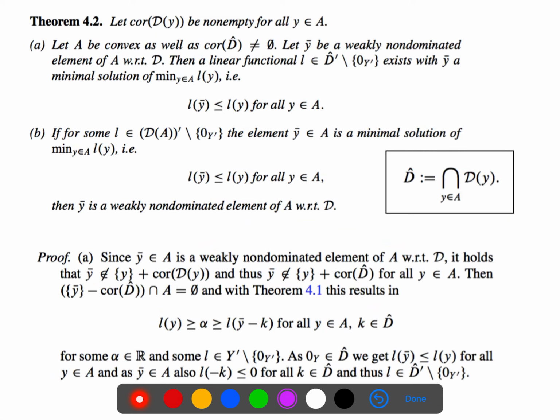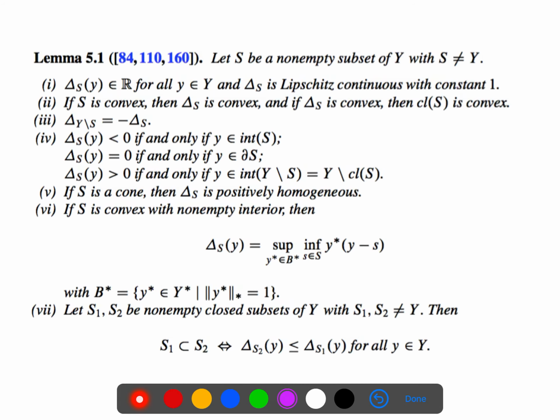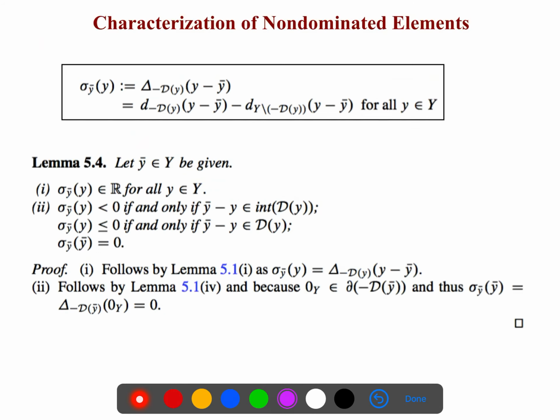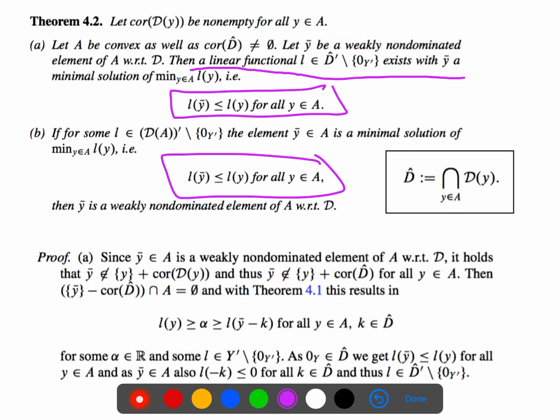So a linear functional L exists that can separate them, and the proof is very simple. We use theorem 4.4.1, that if you have two different convex sets, you can separate them by a functional.